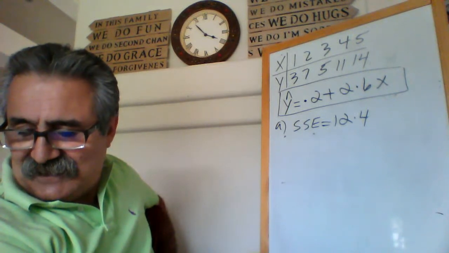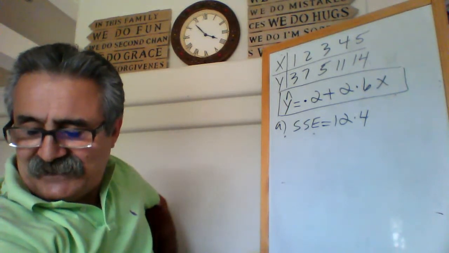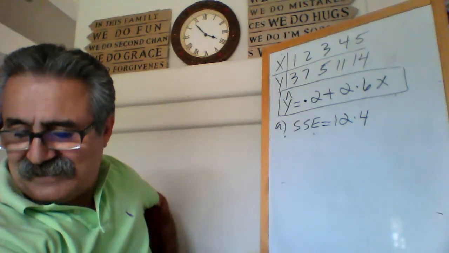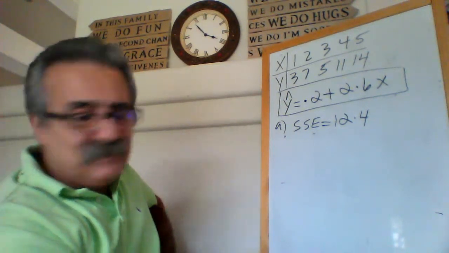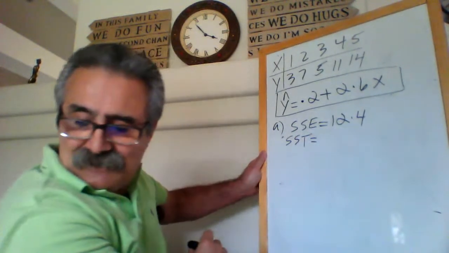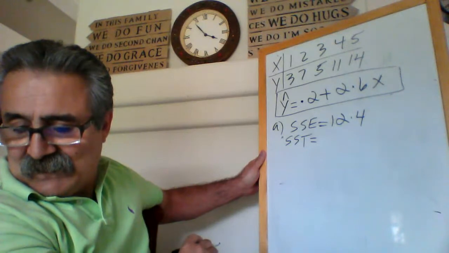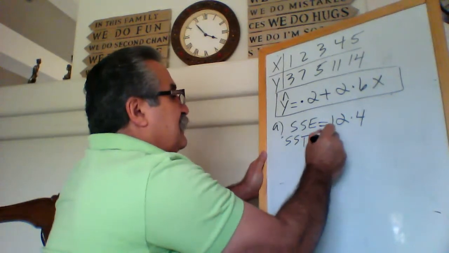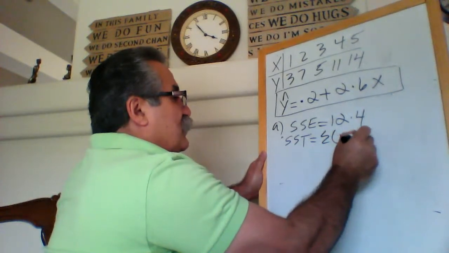So next, let's go ahead and find SST. SST is equal to, put into the formula, sigma of yi minus y bar.